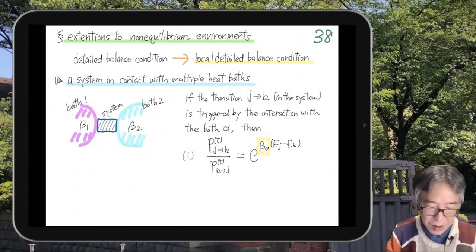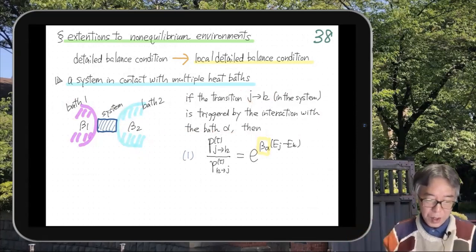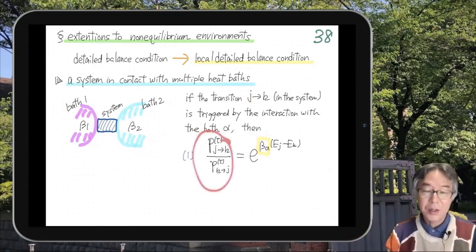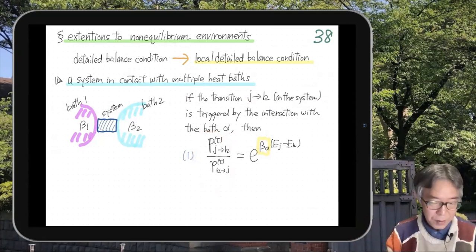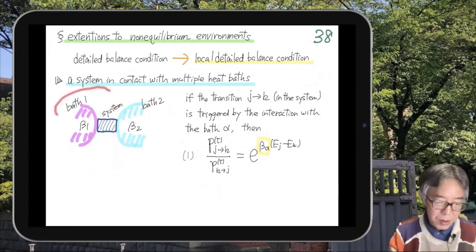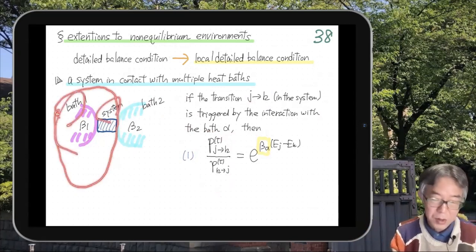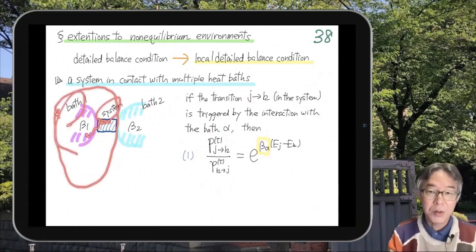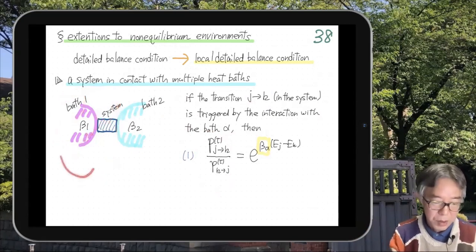In that case, what you have to do is very simple. If only heat bath 1 takes part in this transition, you can just forget about bath 2 and consider the classical system consisting only of bath 1 and the system, and repeat the consideration that we did before.